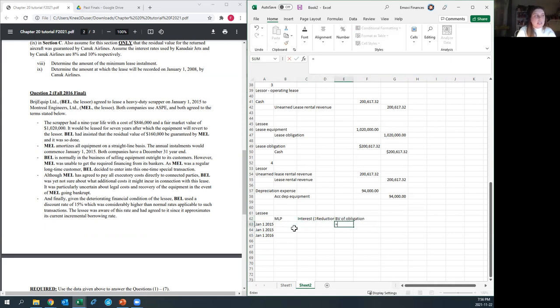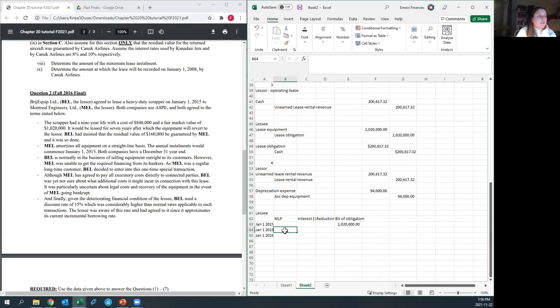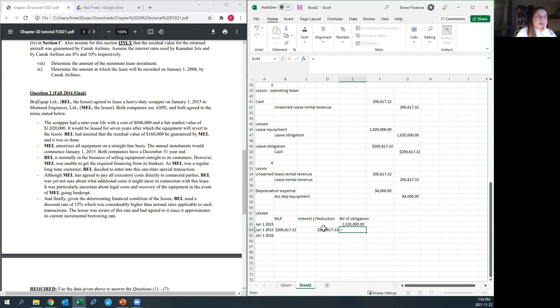So your book value of the obligation, what we recorded on January 1st, was $1,020,000. On January 1st, 2015, we paid the minimum lease payment of $200,617, and no interest because a year hasn't passed. And that reduced our book value of our obligation by the minimum lease payment amount.